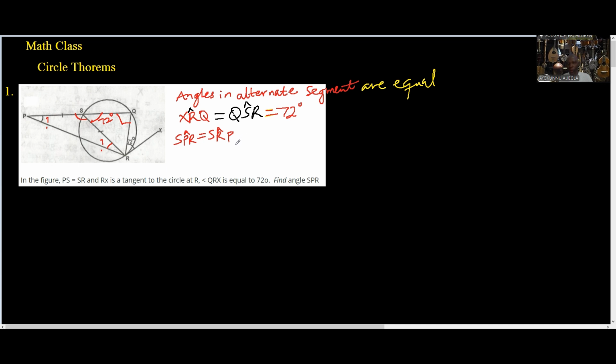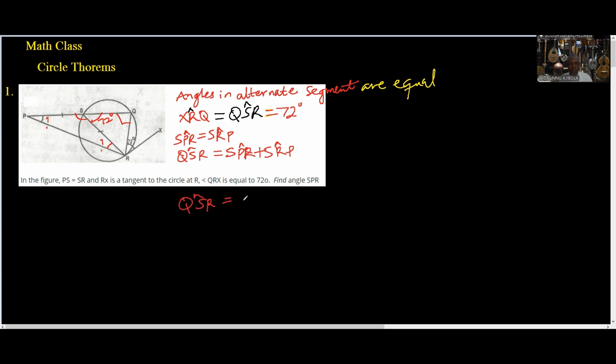Since they are equal, we can also state that the QSR we have found, which is that 72, equals the sum of these two that are equal, SPR plus SRP. Since they are equal and we're looking for SPR, let's call the two of them SPR. So that would be twice SPR.